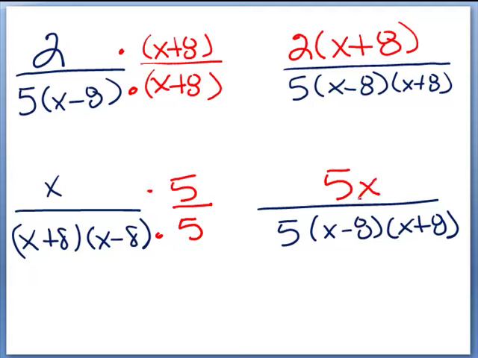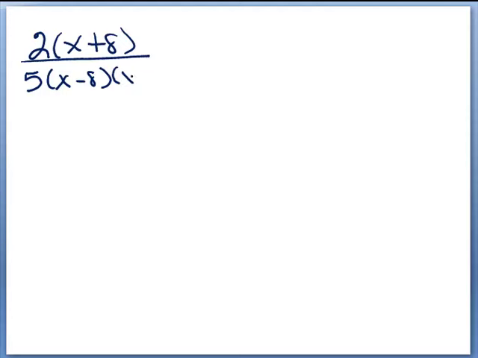All right, so we have everything we need to bring our two fractions together. We have a common denominator. 2 times x plus 8 over the LCD, plus 5x over the LCD.